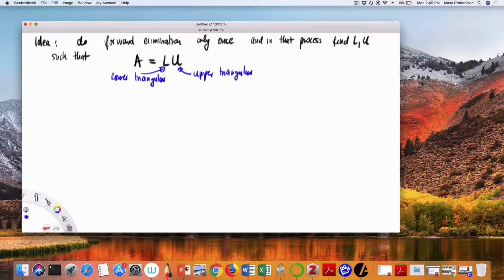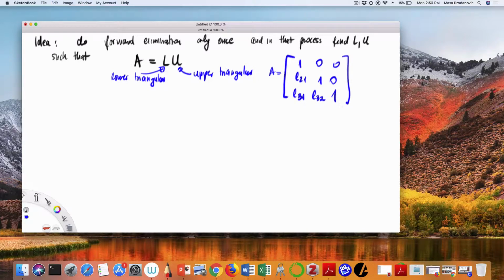There's no one way to do this, just like there's no one way to do those manipulations in forward elimination. But as long as I figure out how to do this, I can proceed. So my example would be, L is 1, 1, 1 on the diagonal of this lower triangular matrix, with 0s above. Let me just write this down if you don't mind.